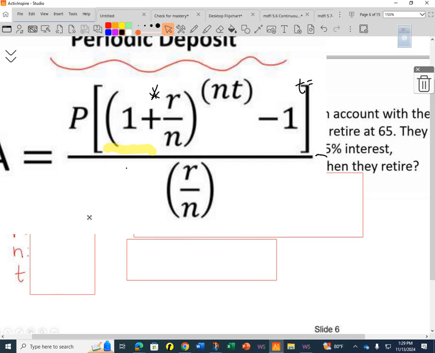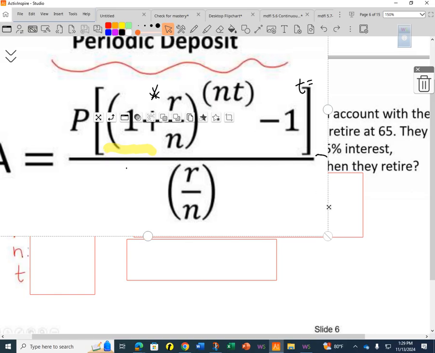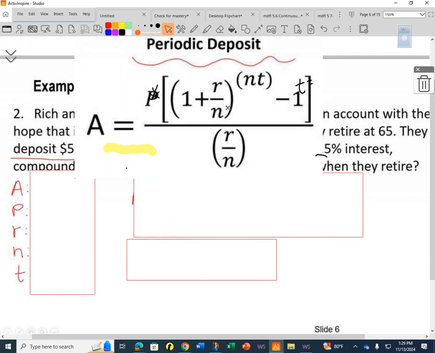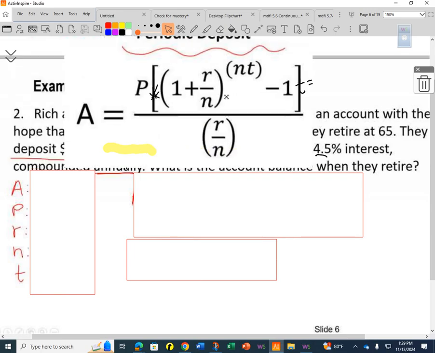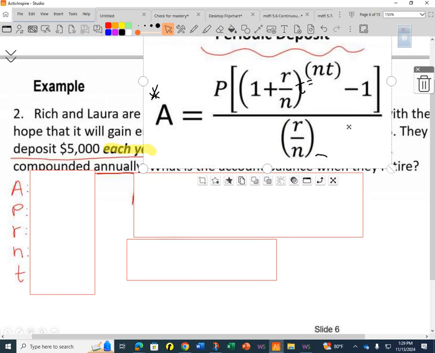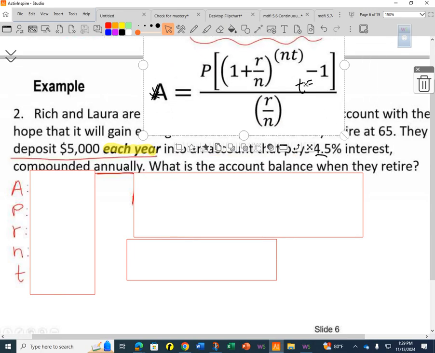All right, remember, this is the formula you're plugging into here. So once you have your A, P, R, N, T, go ahead and plug it into this formula.